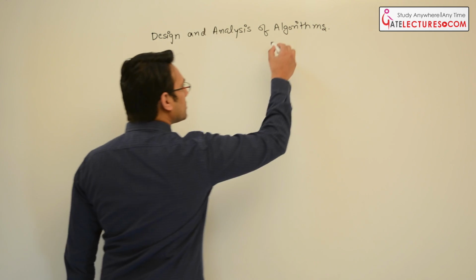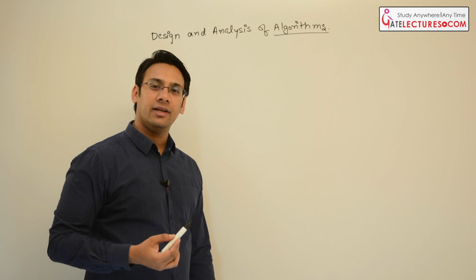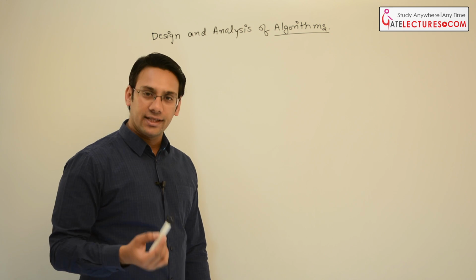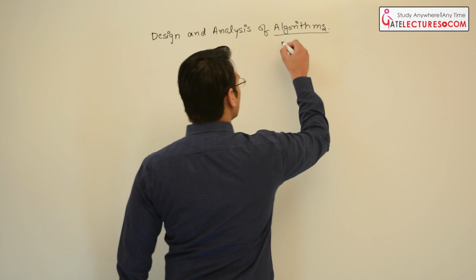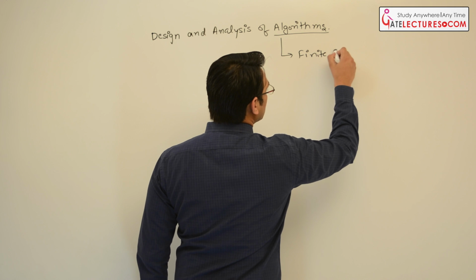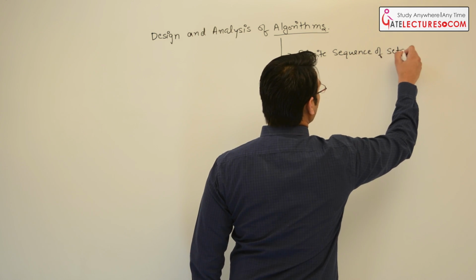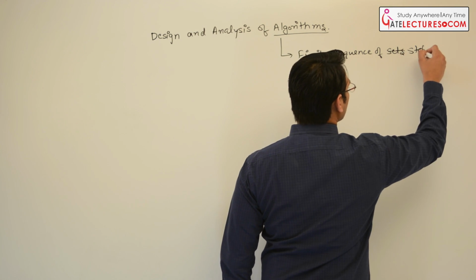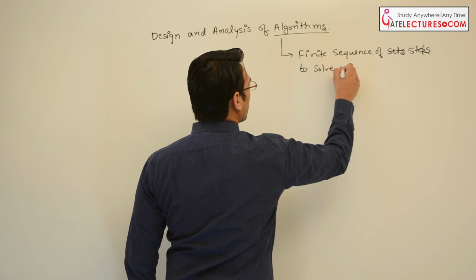Now, what is an algorithm? Algorithm means we are going to define a sequence of steps, which will be a finite sequence, to solve a problem. We can say an algorithm is a finite sequence of steps to solve a problem.